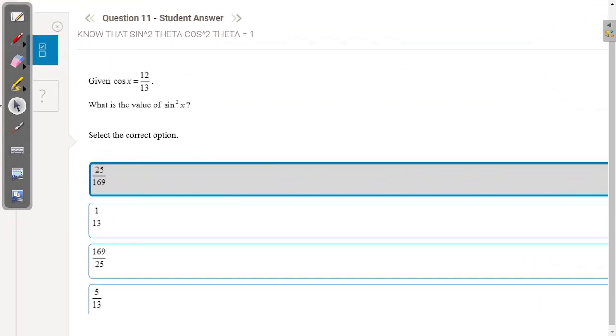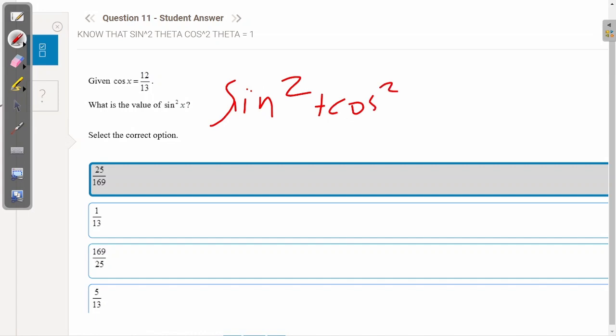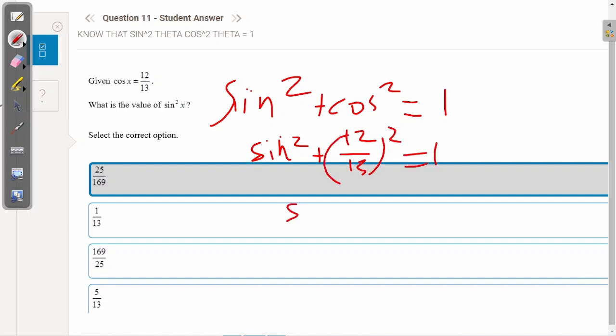Okay, now for this, use sine squared plus cosine squared equals 1. So sine squared plus cosine is what? 12 over 13. So 12 over 13 squared equals 1. Sine squared plus, simplify it or distribute the power, 144 over 169 equals 1.